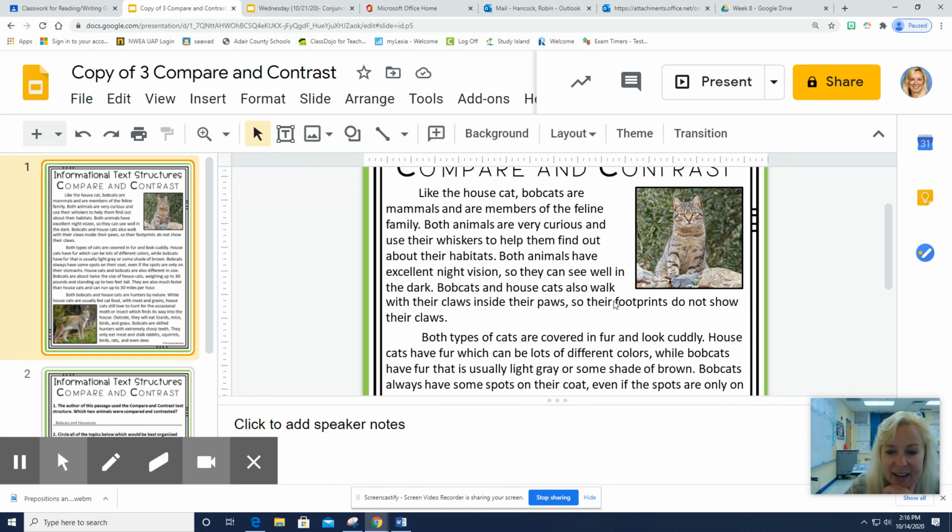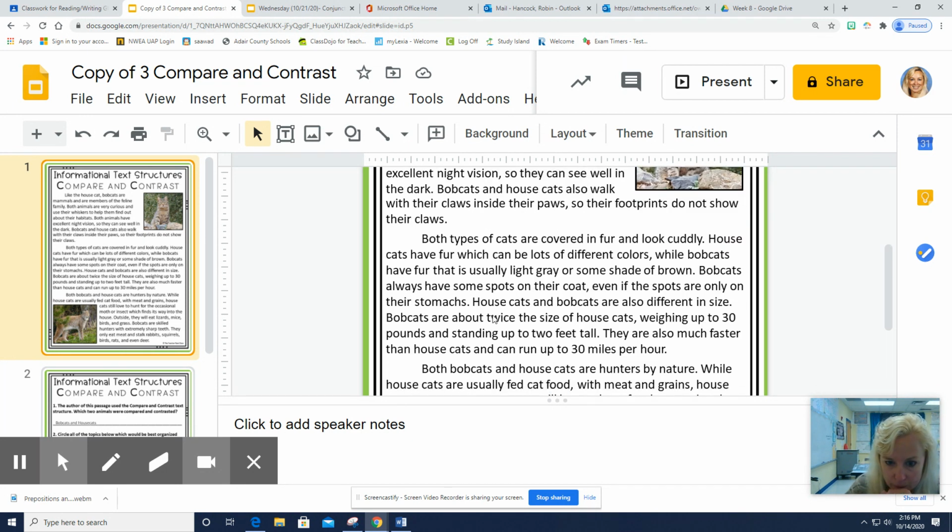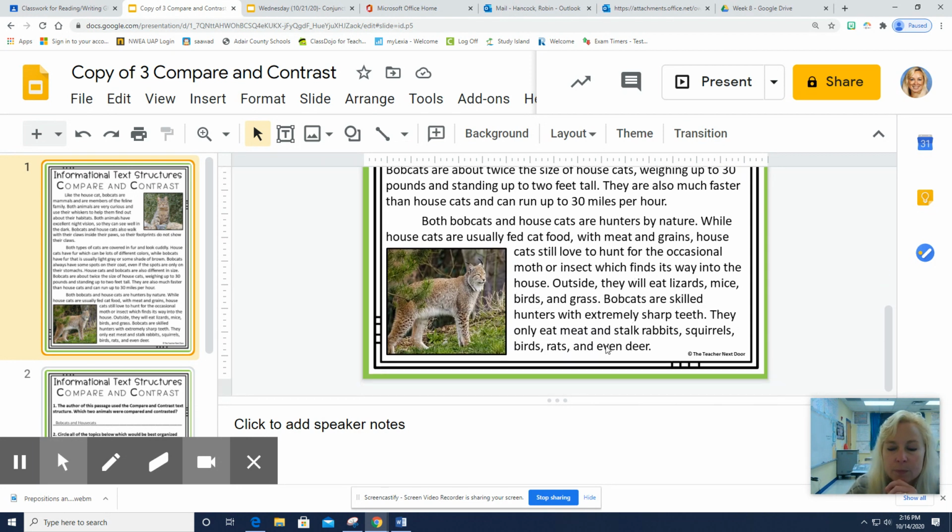I'm scanning the text to try to find information, so I'm scanning the text for the word teeth. Okay, here we go. Bobcats are skilled hunters with extremely sharp teeth.